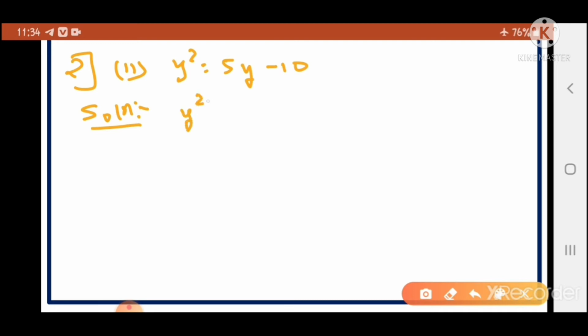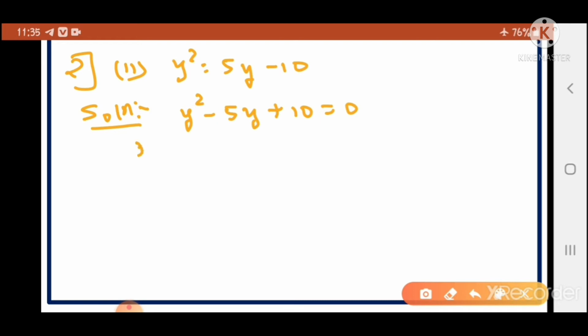So it will be y square, 5y will come to the left hand side, so it becomes minus 5y, and minus 10 will come here, it becomes plus 10 equal to 0. Correct? Now it is a standard form of quadratic equation. Yes. Now you tell me, is it a quadratic equation? Yes, it is a quadratic equation because it has only one variable y and the highest degree is 2. Yeah, maximum degree is 2.